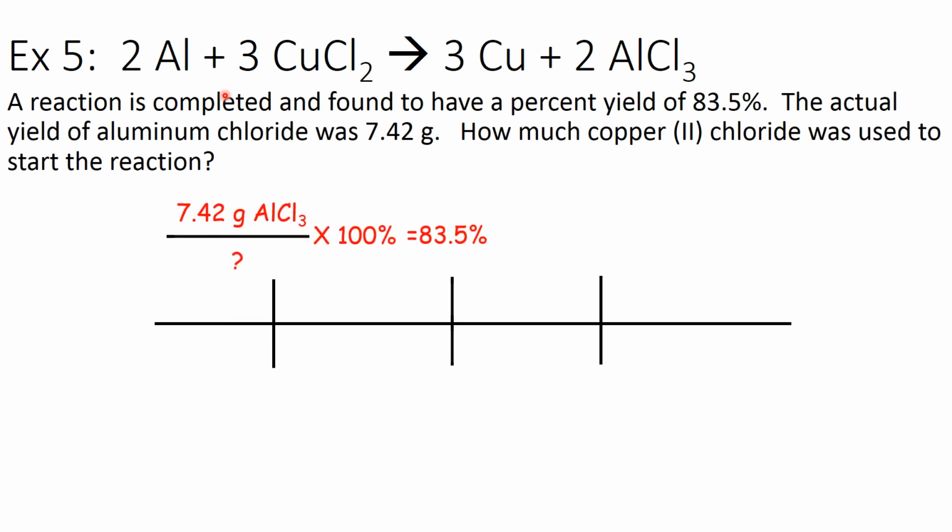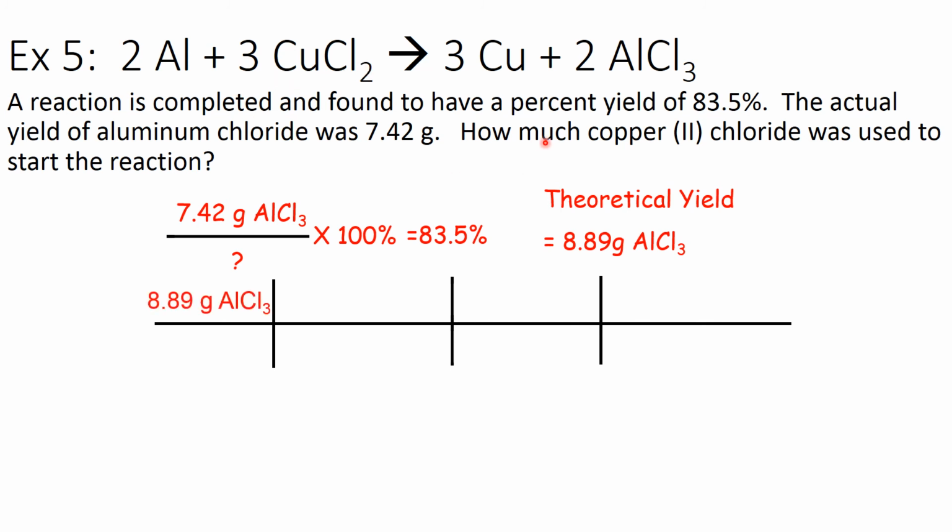First, we need to determine what the theoretical yield of our reaction really was. If we rearrange this equation and solve for theoretical yield, we end up with 8.89 grams of aluminum chloride produced. So we can work backwards, and if we know this, we can do a grams to grams to calculate the amount of copper 2 chloride that we started with.